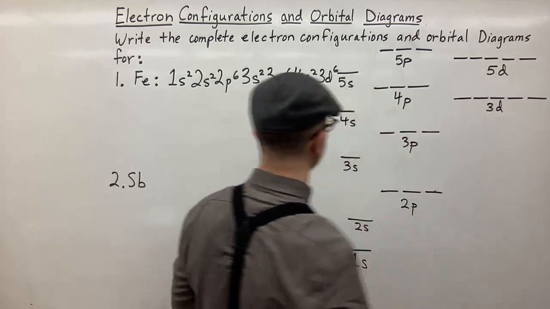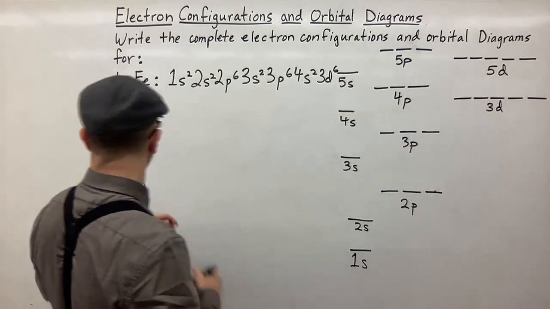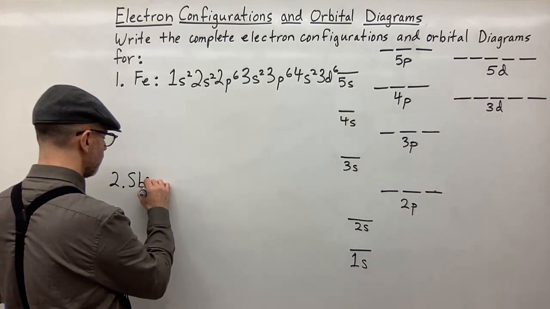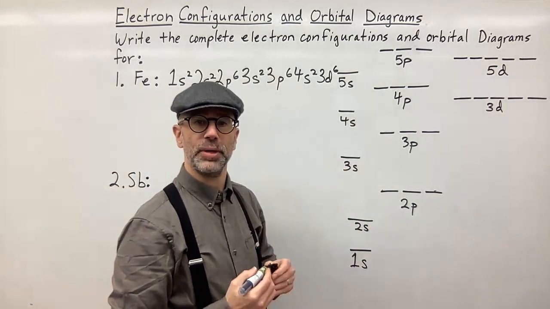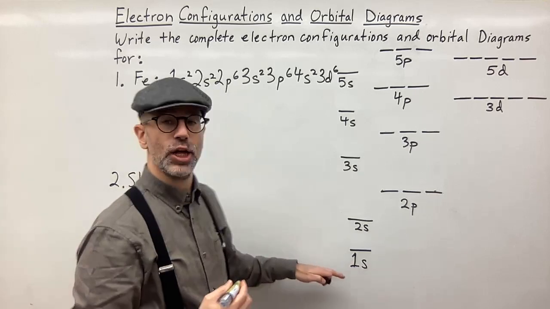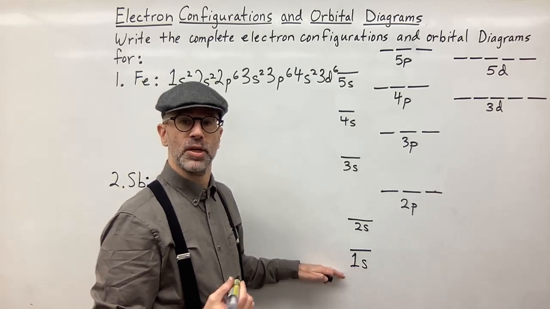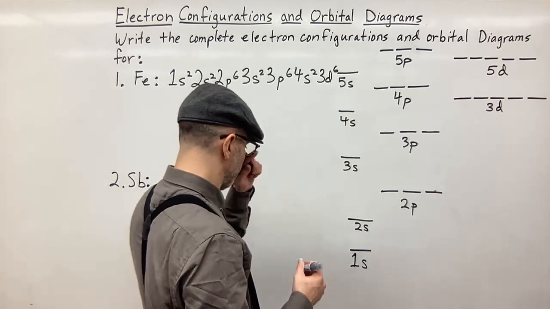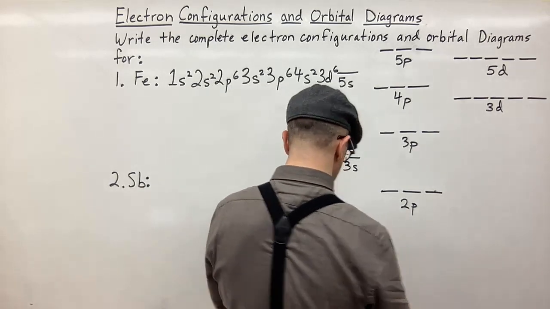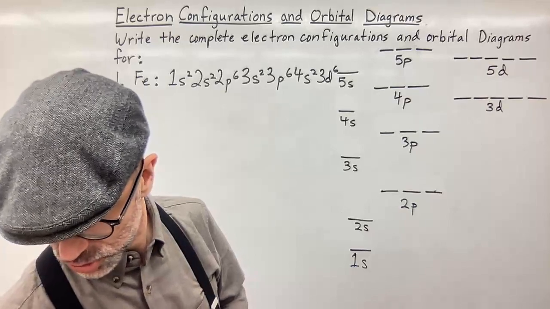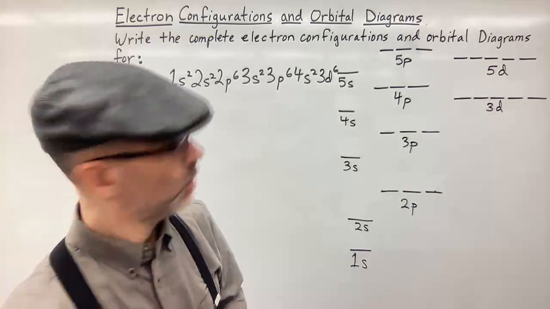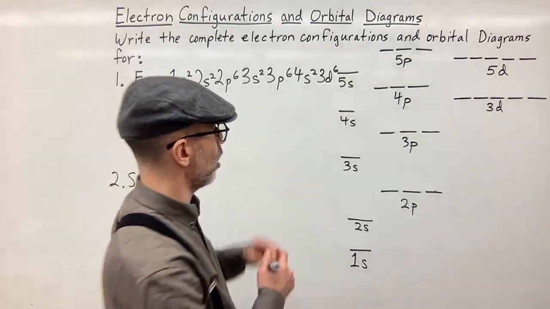Okay. So for antimony, I have 51 electrons. So I'm going to just fill this up again with the electrons until I use up 51. Okay, so here we go. So I have, hold on a second, let me see something here.